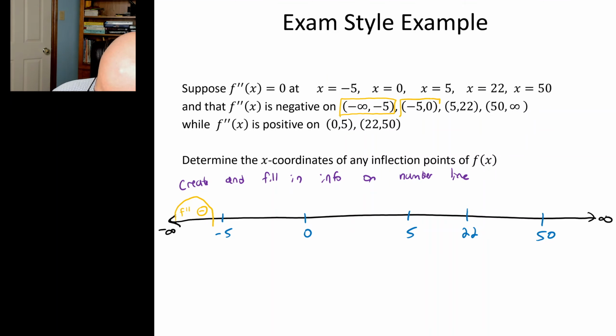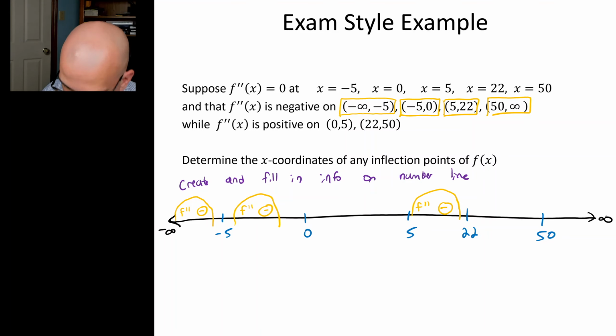It's also negative from -5 to 0. So f double prime negative, so concave down. It's also negative from 5 to 22. F double prime negative, so concave down. And from 50 to infinity, f double prime negative, concave down.